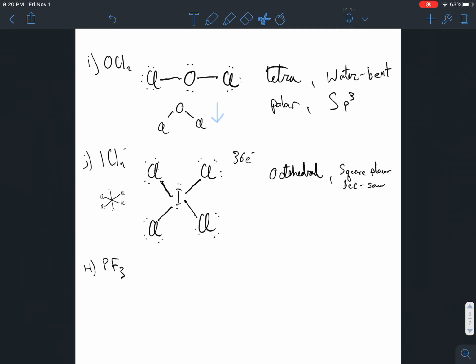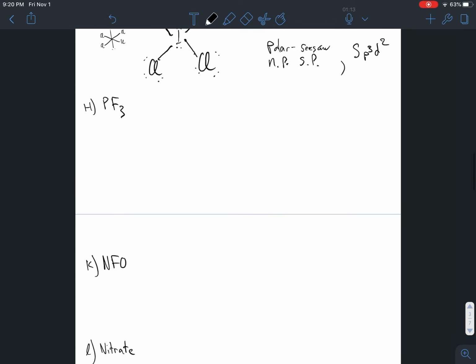Cool. Okay, it is polar when it's seesaw, non-polar when it is square planar. Okay, and the hybridization on the central atom is sp3d2. How about that? Pretty cool.